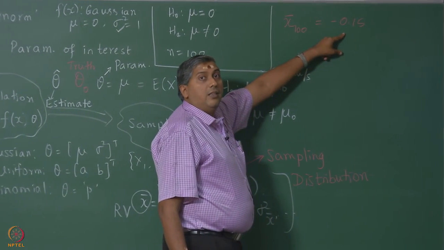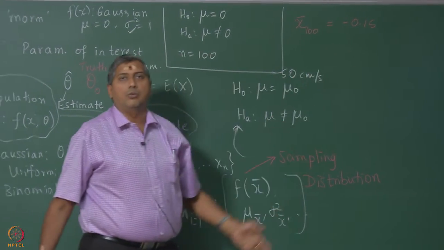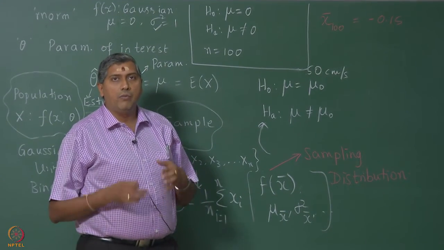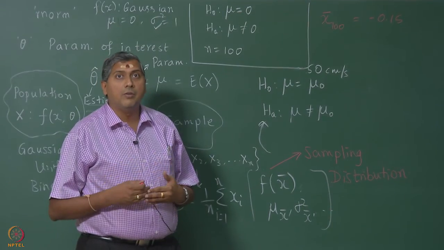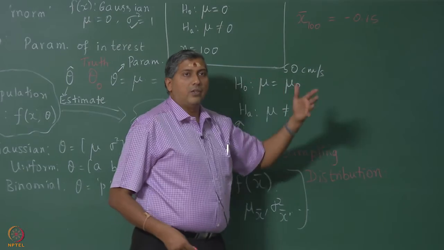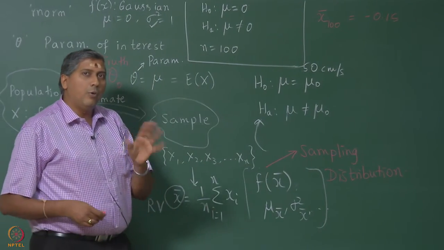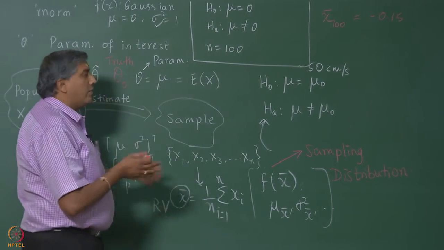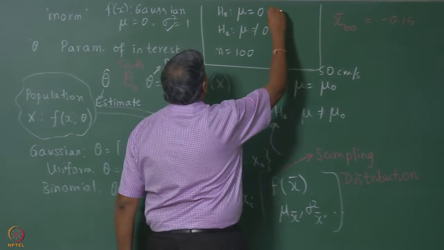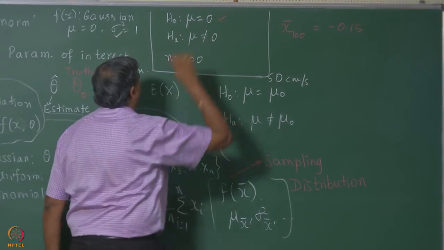Should I consider this to be significantly different from the truth? That is one way of looking at it, whether the difference between the observed value and the truth is significant. But we will pose it in a different way to shorten the discussion. We will assume this to be the truth.